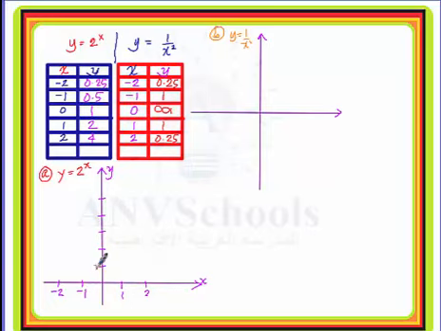So I will have to label 1, 2, 3, 4, 5. Let us begin with the exponential function. For the exponential function y is equal to 2 raised to x, if my x is negative 2, that's 0.25. So it's here.